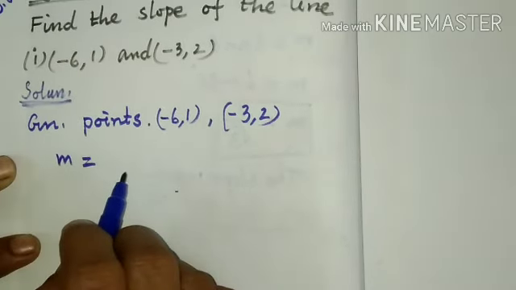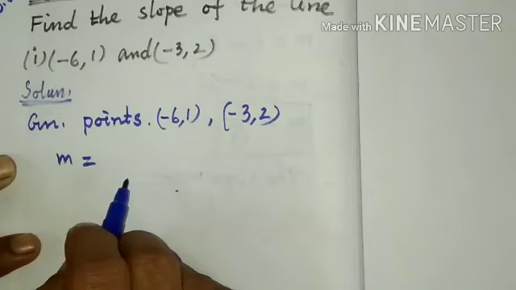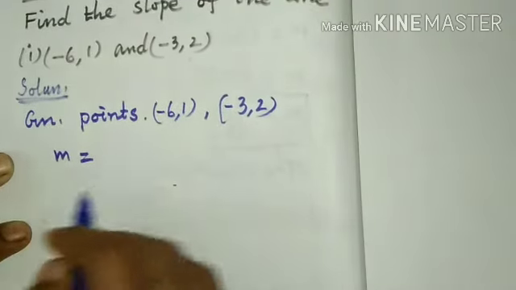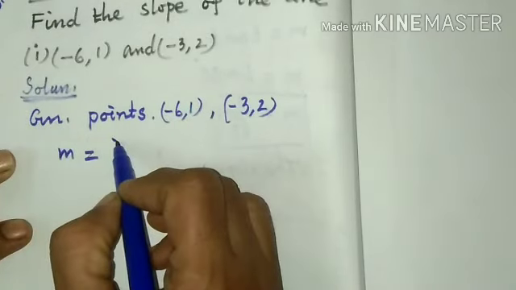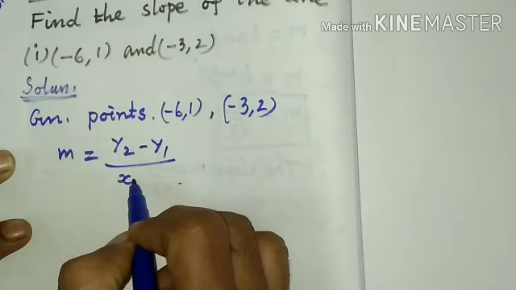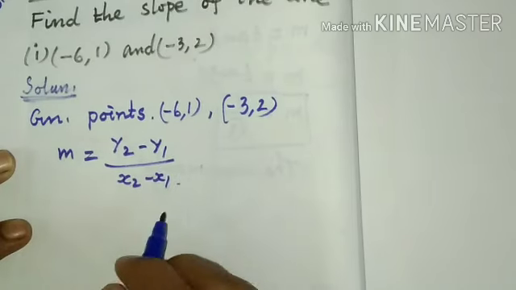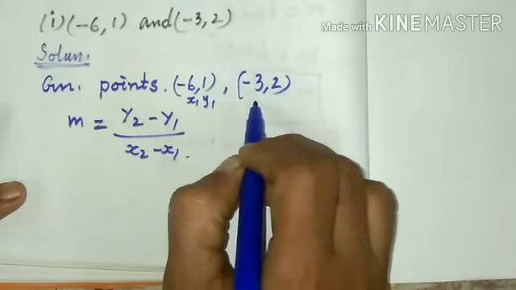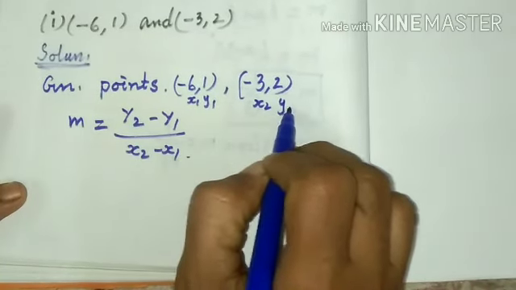What is the formula for finding the slope of a straight line when 2 points are given? Yes, m is equal to y2 minus y1 by x2 minus x1. First point you take x1, y1 and second point x2, y2.